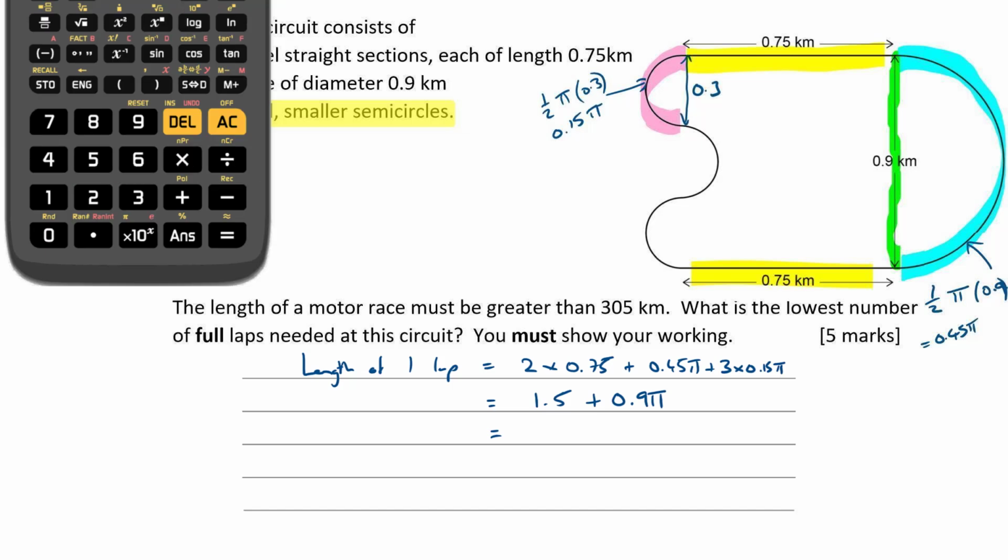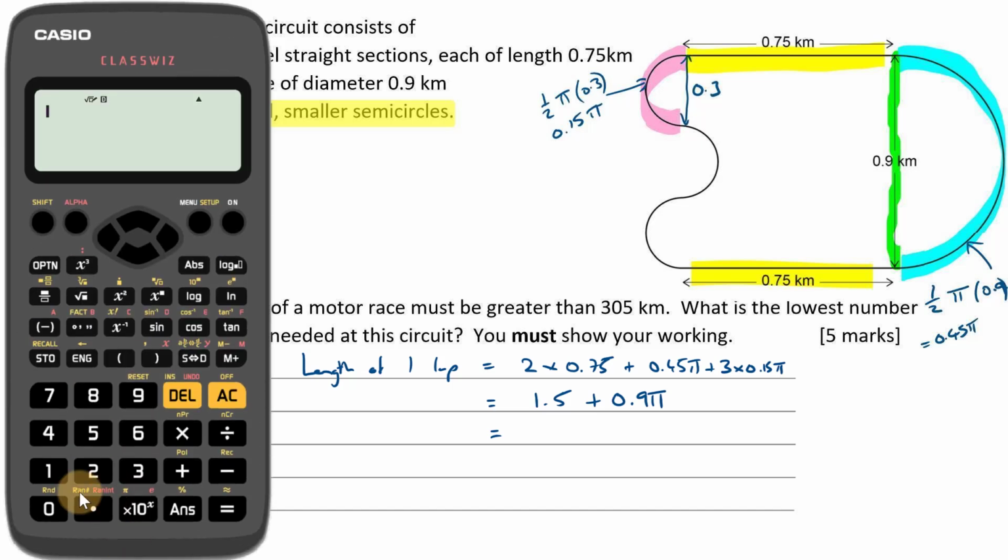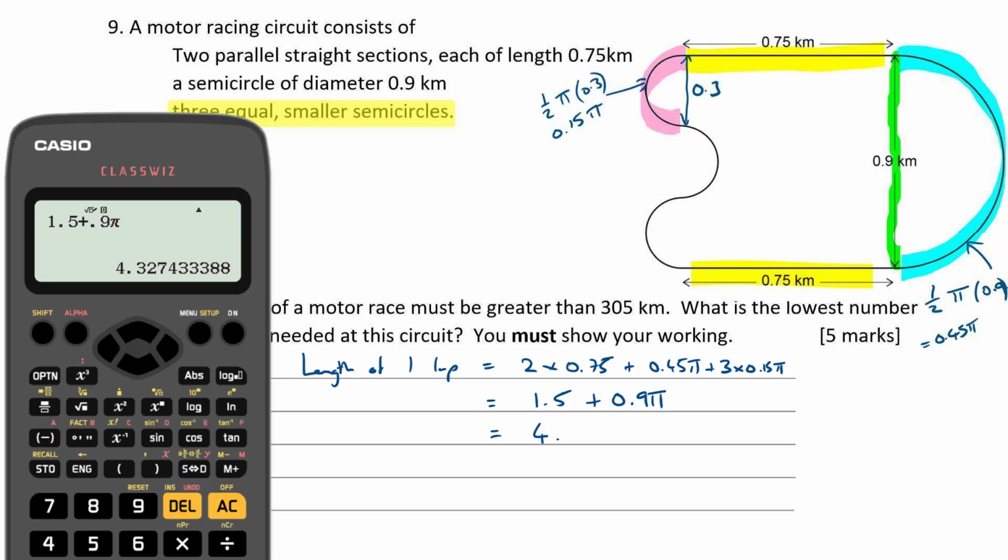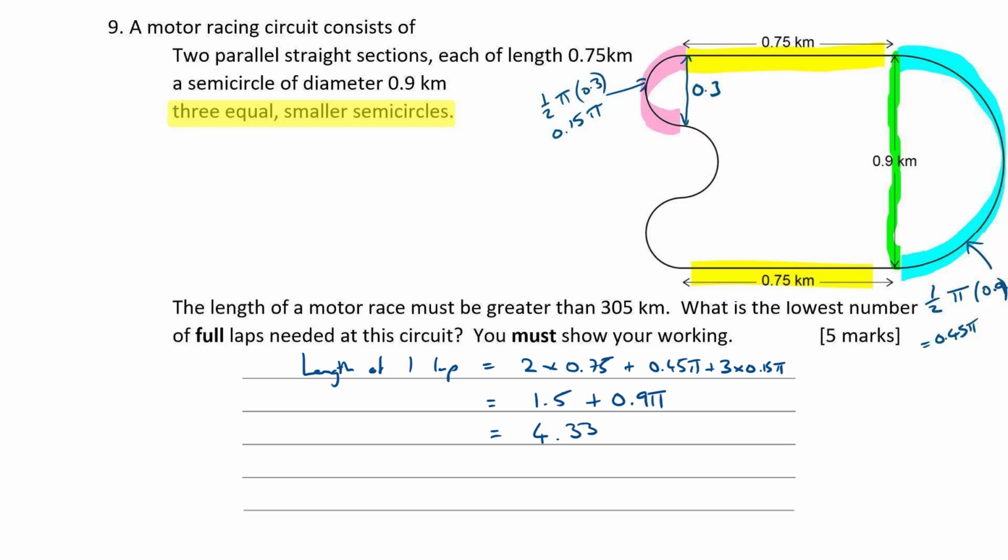So 1.5 plus 0.9 times pi comes out to be 4.327. I'm going to write that down as 4.33, but when I am calculating on, I'll use the full calculator value. So that's what one lap is.